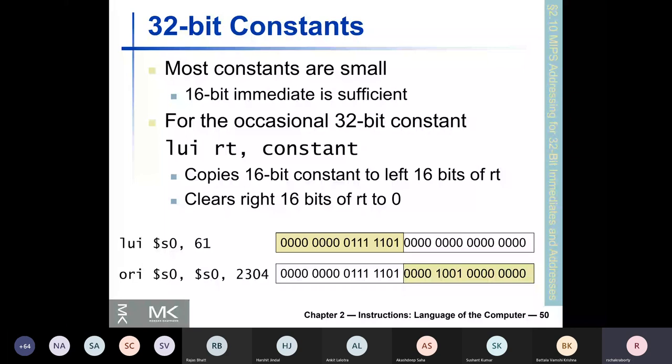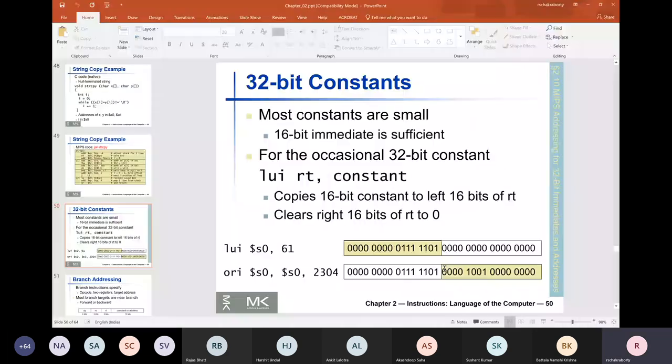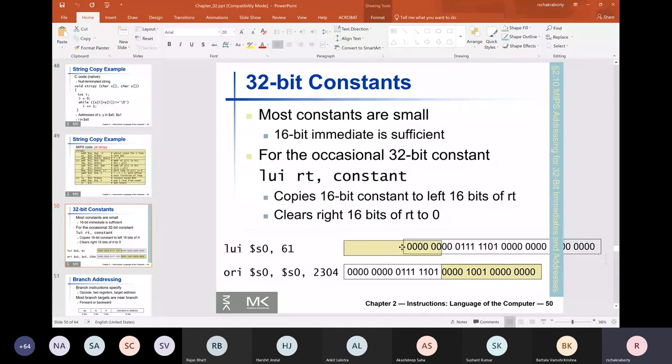It copies the constant, that is, the MSB. For example, if you execute it, the expansion of 61 is this, whatever is highlighted here. That gets stored on the left hand side, on the MSB side. So this is slightly peculiar.